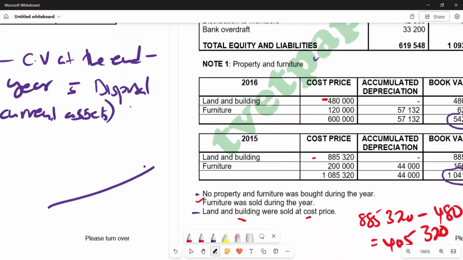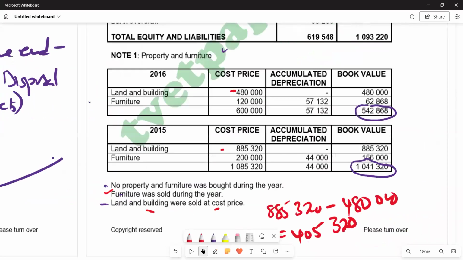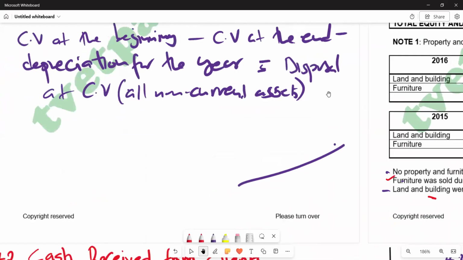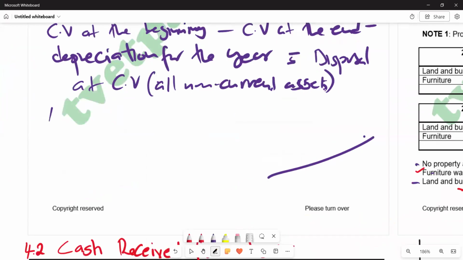Because we're not given the figure here, we're just told that the furniture was sold. So what we're going to do is, our opening carrying value is 1,041,320, which is here, carrying value at the beginning, minus carrying value at the end.